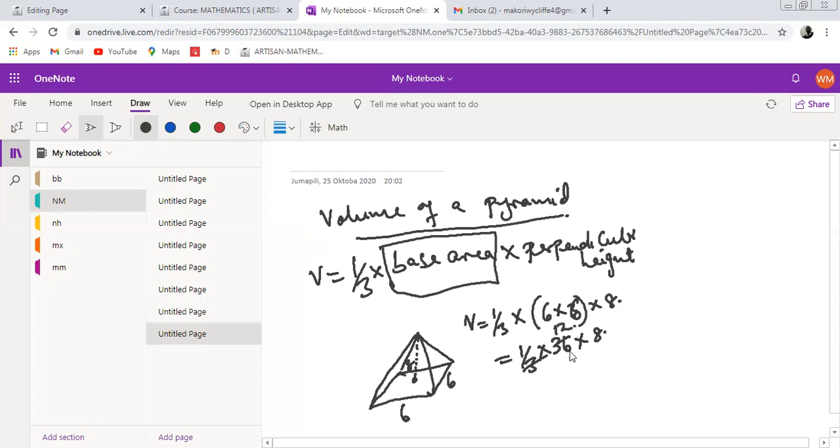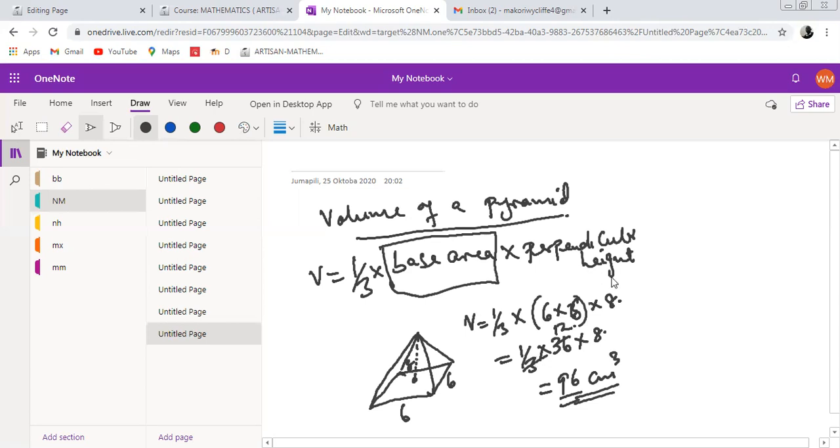So it is going to be equal to 12 by 8, which gives us 96 centimeters cubed. Always for volume, make sure that the units are raised to power 3, or cubed.